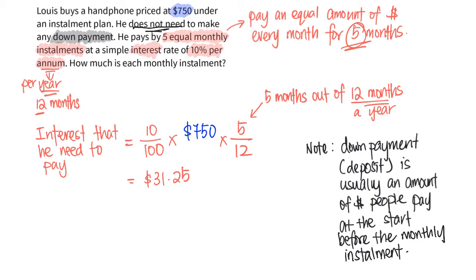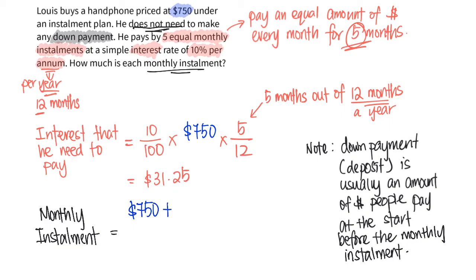And so, how much is each monthly installment? Well, the monthly installment will be equal to the total amount that he has to pay, 750 plus $31.25, the whole thing divided by 5 months.